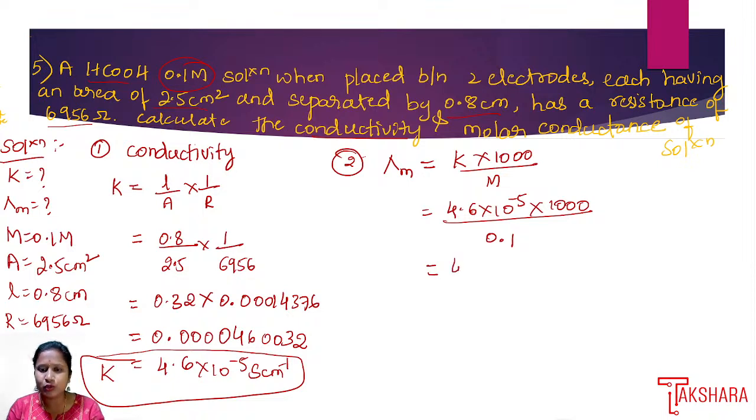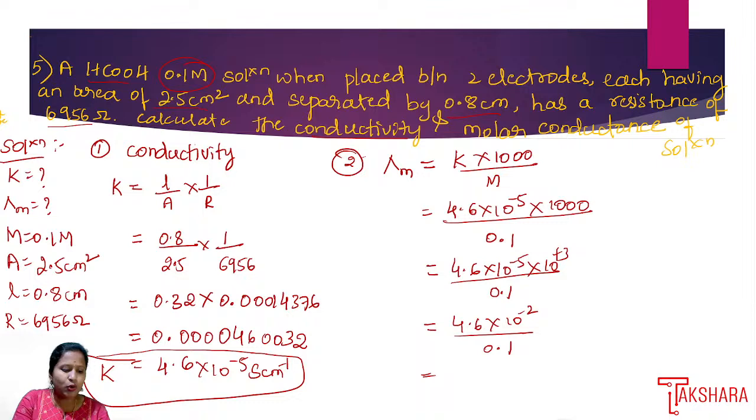So 4.6 into 10 power minus 5 into 10 power plus 3 divided by 0.1. Solving the powers, 10 power minus 2, so 4.6 into 10 power minus 2 divided by 0.1.